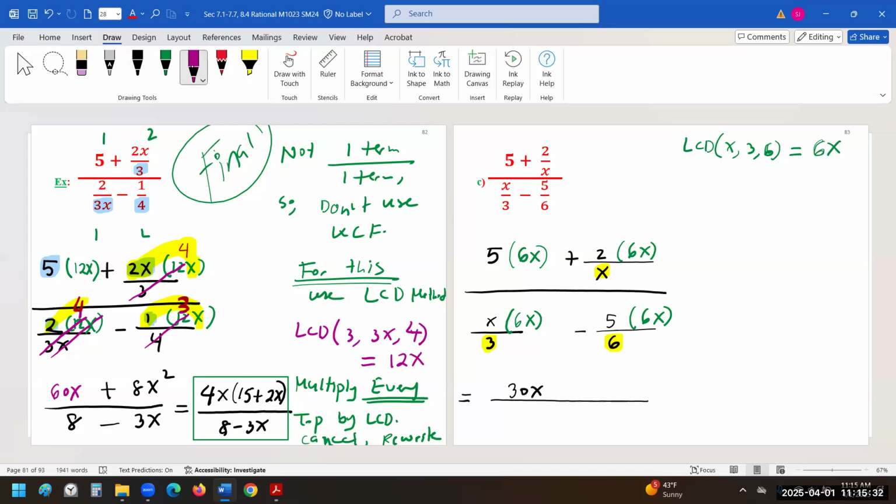Now on the second term, we have x on the denominator, x on the numerator. We cancel. Then what is left on the numerator? 2 and 6, 12.